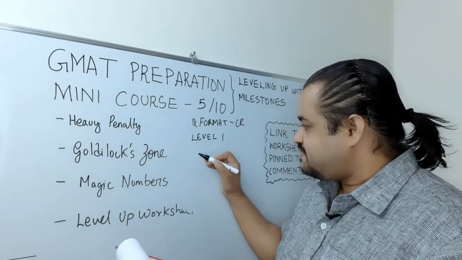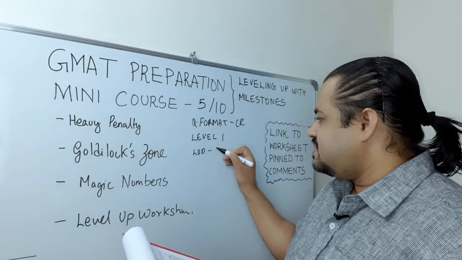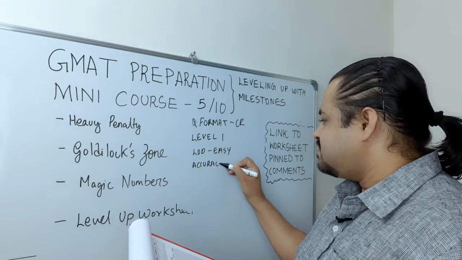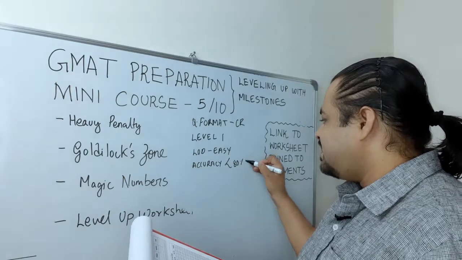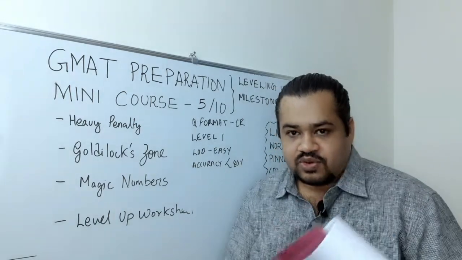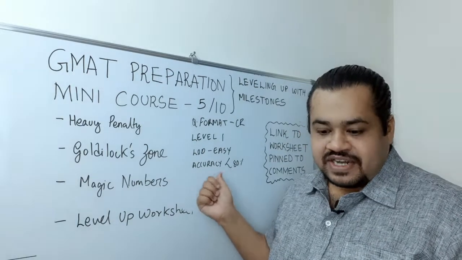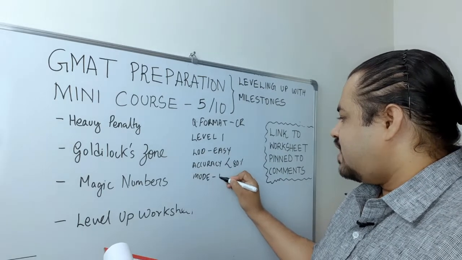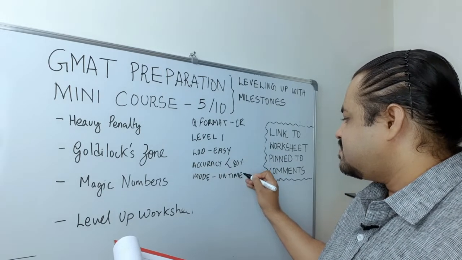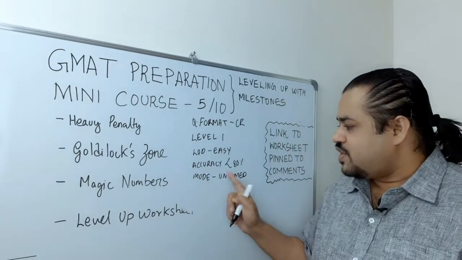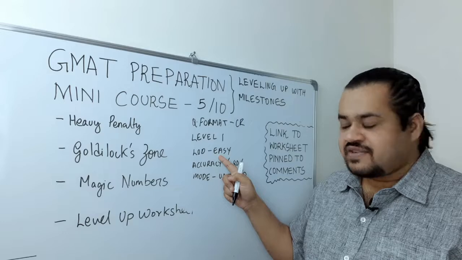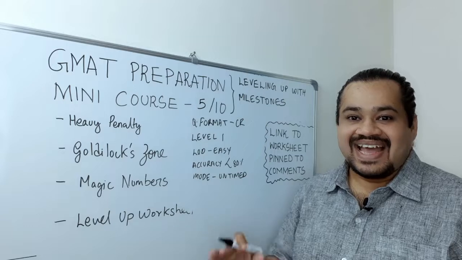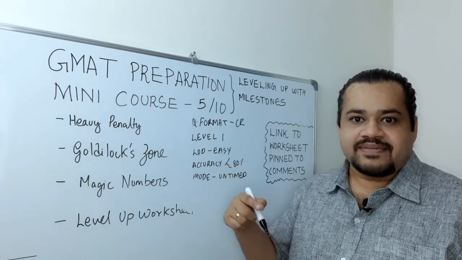Level 1 is level of difficulty easy and accuracy is less than 80%. Okay. Now when your accuracy is less than 80% and the mode of practice is untimed, for untimed practice at easy difficulty level, if your accuracy is less than 80%, then you've got to stay at that level and study. You're not yet ready for a timed practice session.